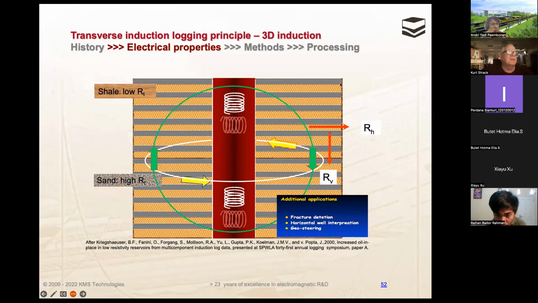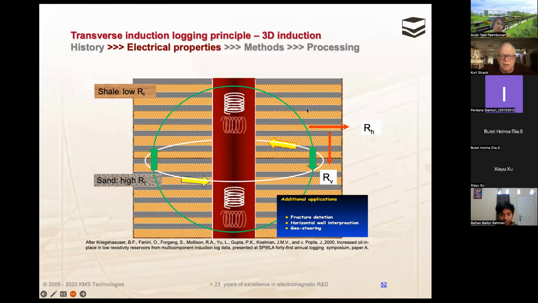And these induction currents can see the high resistors in the sands, and the vertical resistivity is always higher than the horizontal. And by having three component transmitter and receivers, you can measure the vertical and the horizontal resistivity.